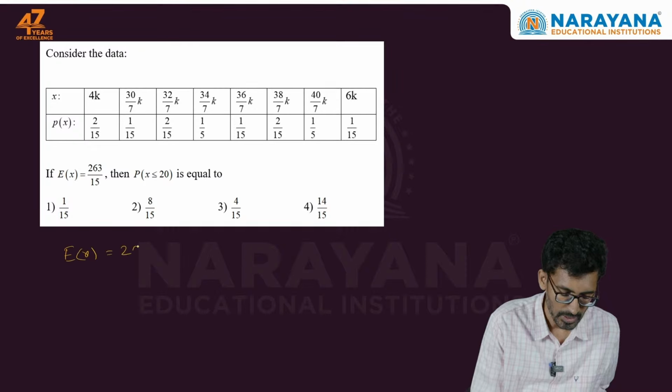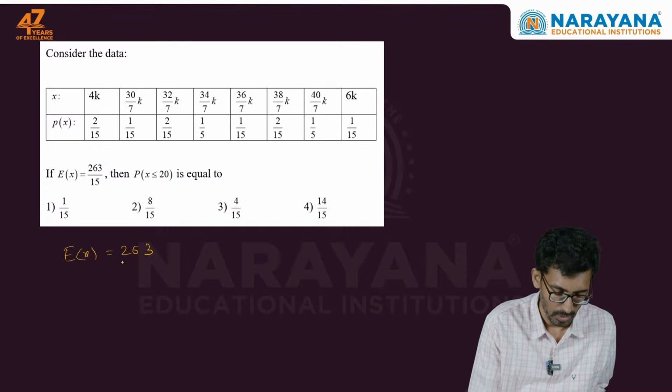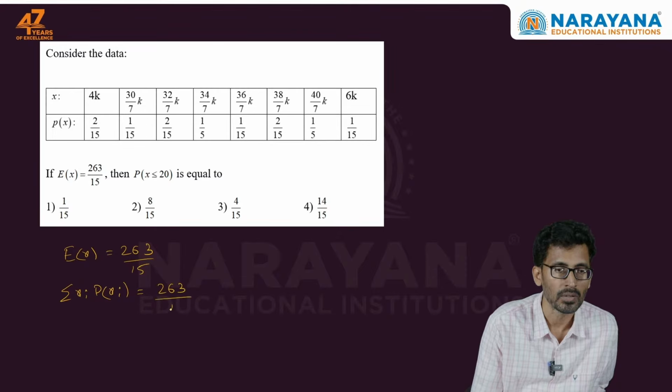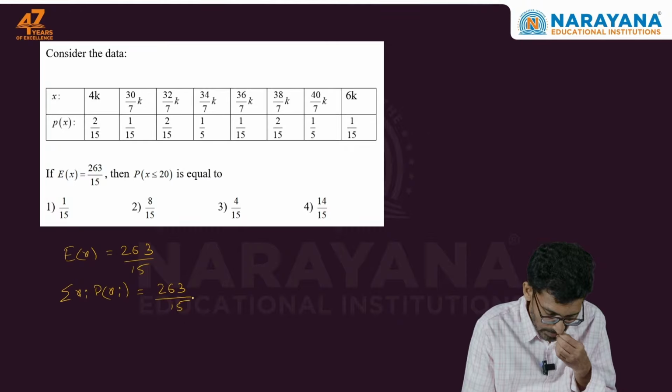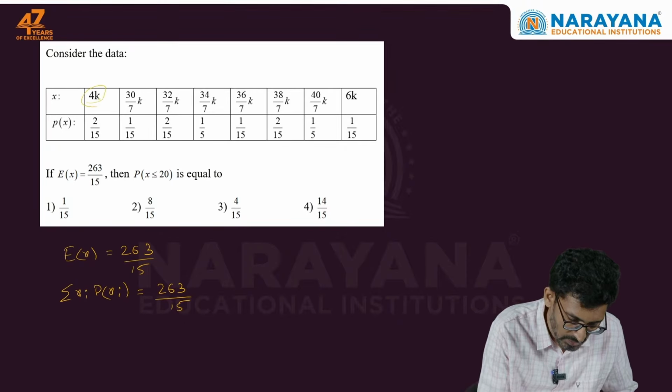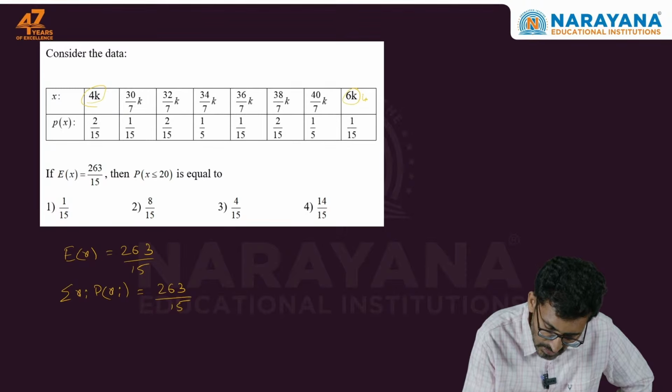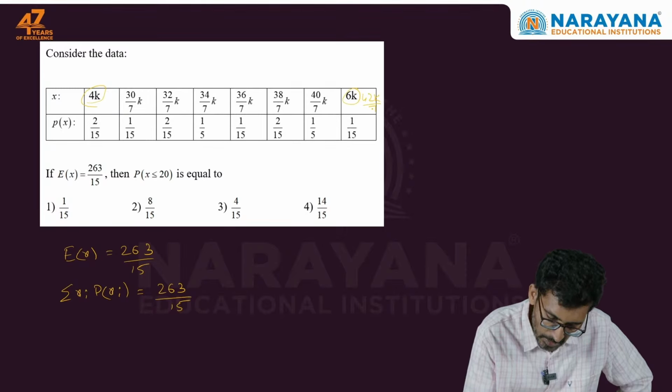So let us recall the formula of mean. It is sigma xi into P of xi. It is equal to 263 by 15. So xi means, look here, 4k means I can write it as 28k by 7. 6k means I can write it as 42k by 7.